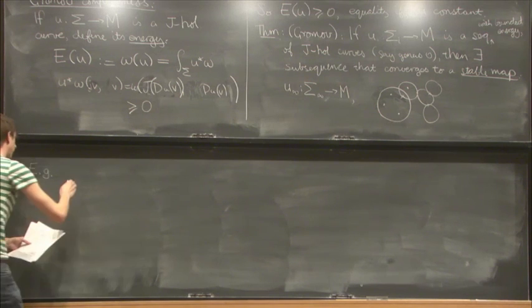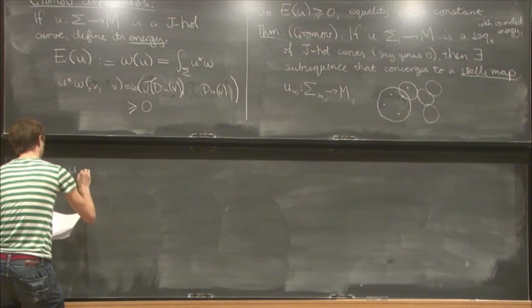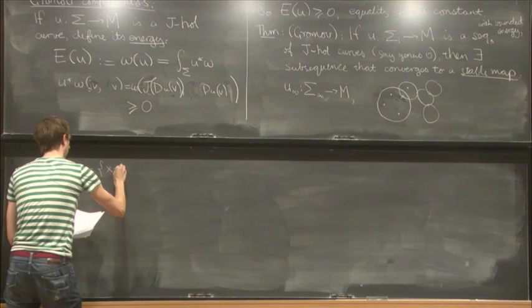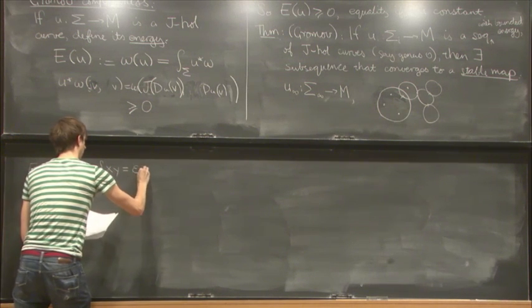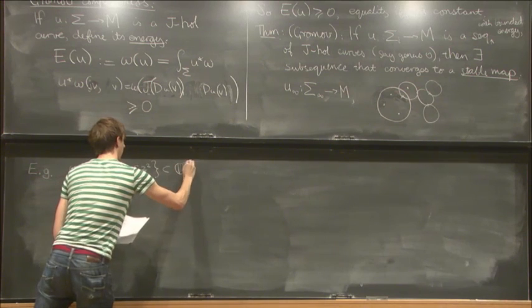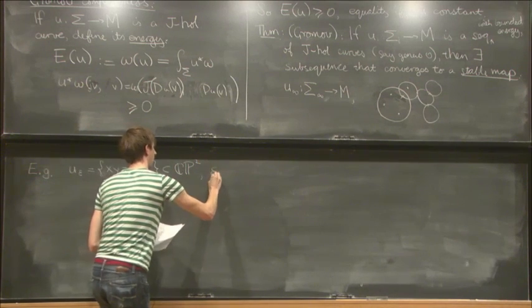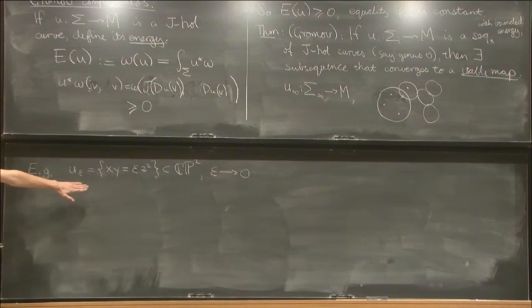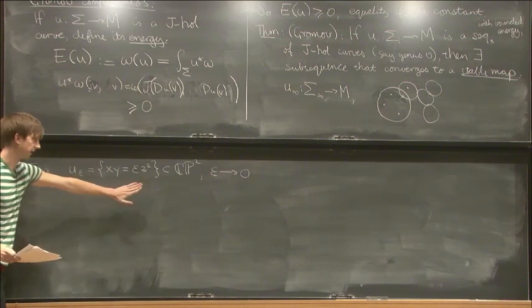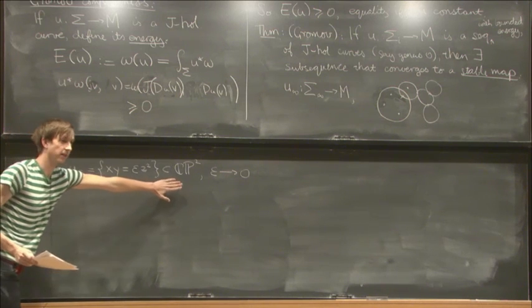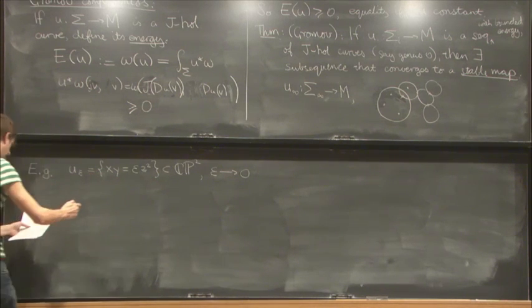You can think about this example of a quadric. For epsilon not equal to 0, this is just a CP1 sitting inside CP2 holomorphically.